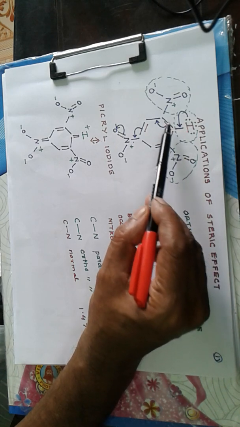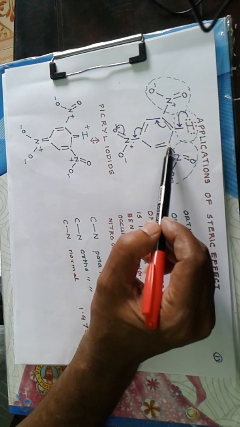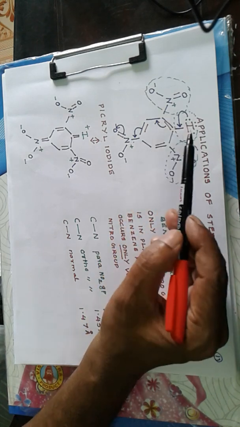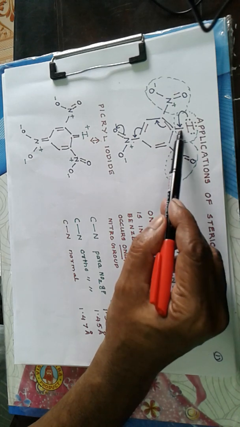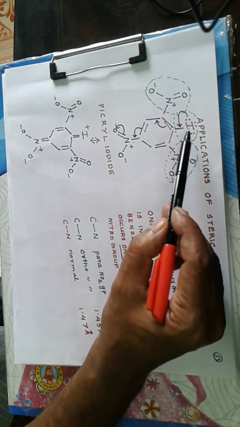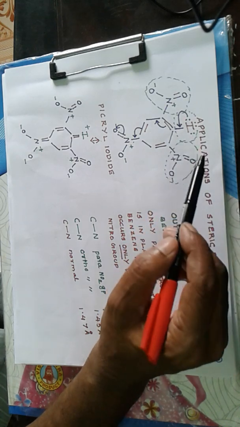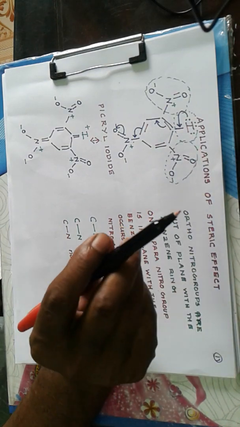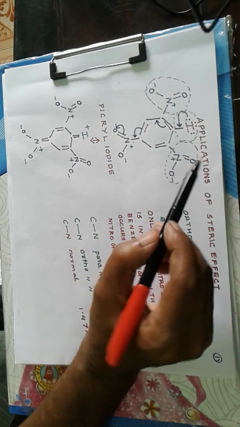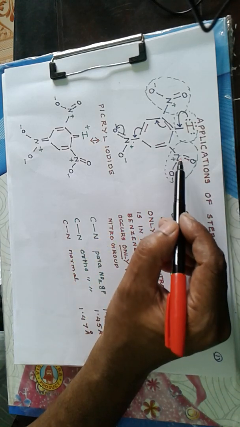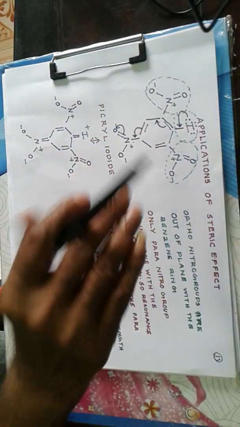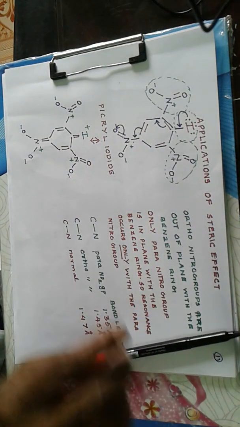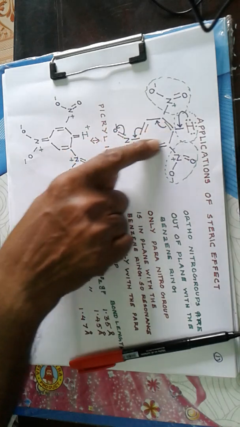Then all these groups, that is iodine, nitro group and this nitro group, can rotate around this single bond. Rotation of iodine will not create any decrease in steric effect, whereas nitro group can rotate such that this nitro group is in a plane perpendicular to the plane of the benzene ring.